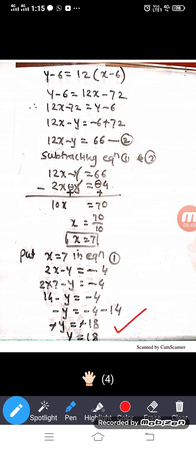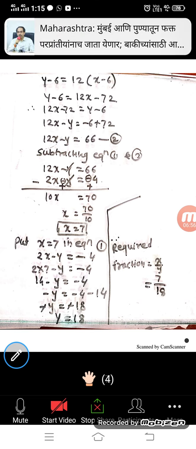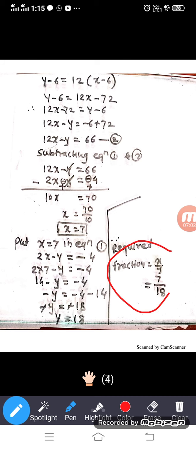This is the value of y. Then we get the numerator is x and denominator is y. Required fraction is x upon y is 7 upon 18. This is the required fraction. This is the answer.